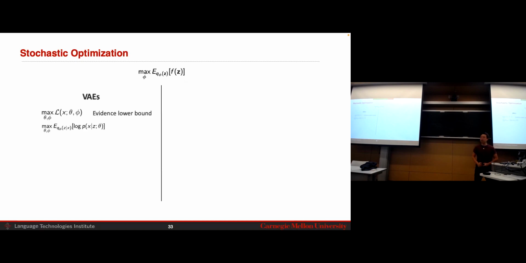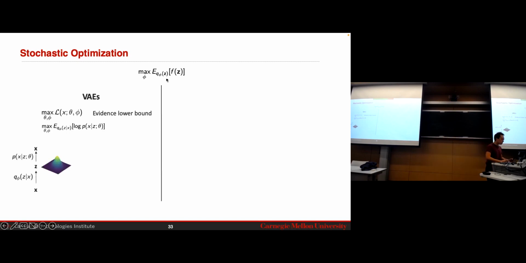So in VAEs, what we saw is that you want to maximize the evidence lower bound, and the evidence lower bound can be seen as a maximization over some parameters phi, an expectation under my posterior distribution that tells me my latent variable Z given X, that depends on phi, and subsequently the log likelihood of my data. How likely I am to observe my data X given the Z. Right, so that falls under this broad class of stochastic optimization problems.